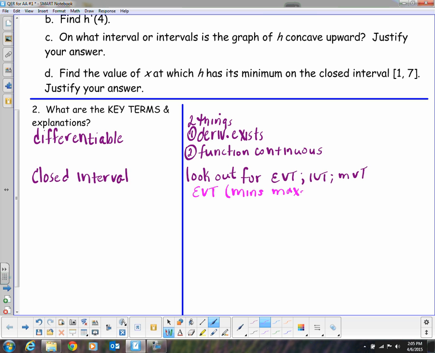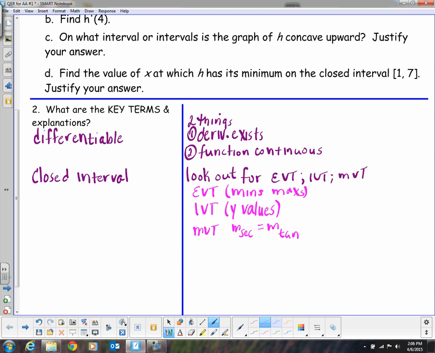So if I see any min or max words, then I should be thinking extreme value theorem. Intermediate value theorem involves y values. Mean value theorem says that the slope of a secant, which is algebra 1 slope, equals the slope of a tangent, which would be the derivative. So that's just what that kind of brought to mind.